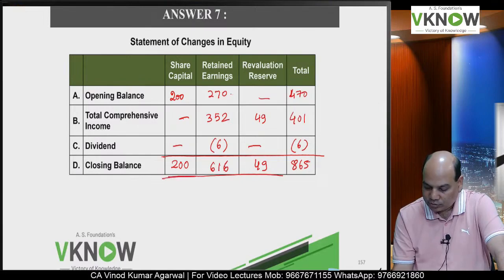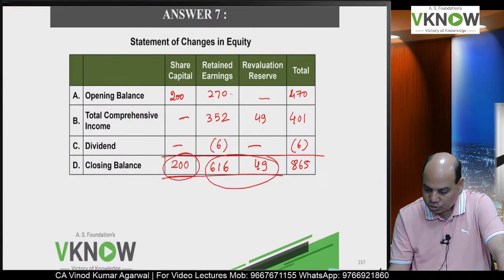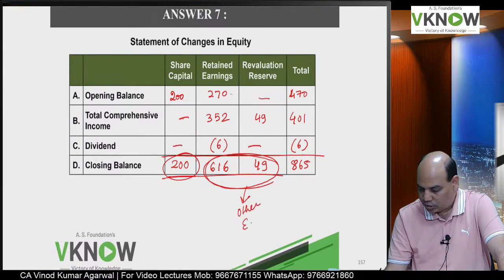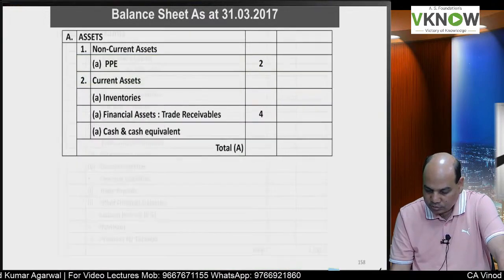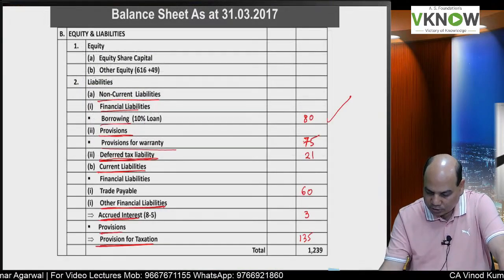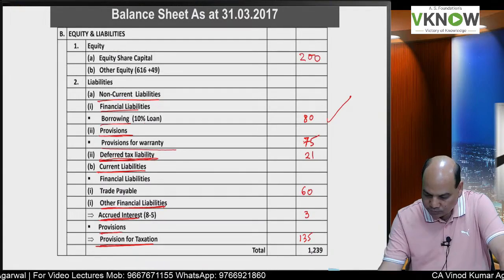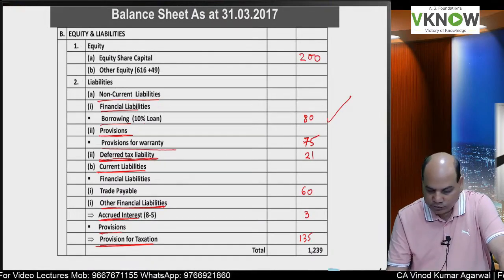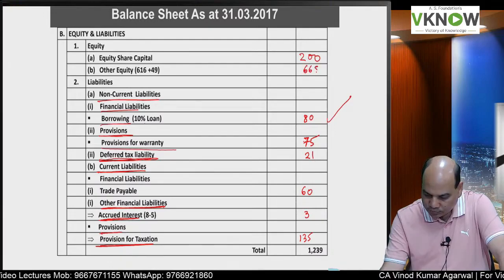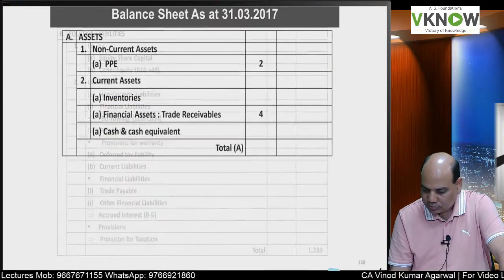In balance sheet, share capital 200 and these 2 totals will come under other equity in the balance sheet. Okay. So come to balance sheet, share capital, write down 200. Other equity is how much? 665. Now you come to the asset side.